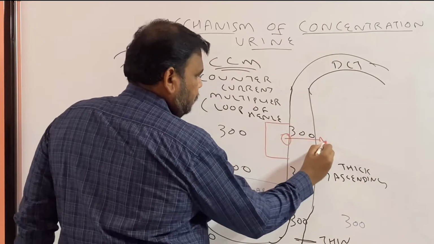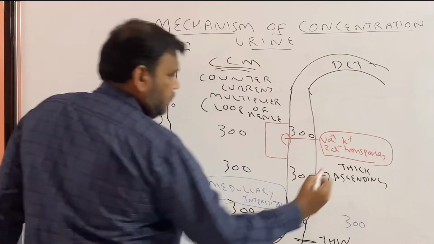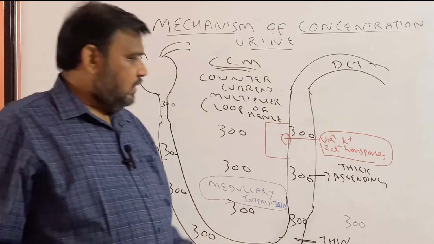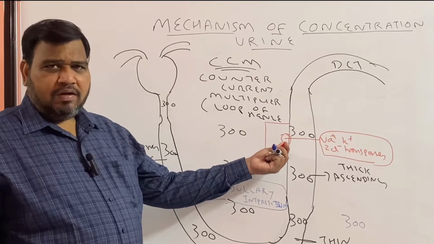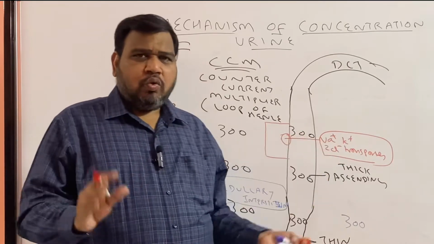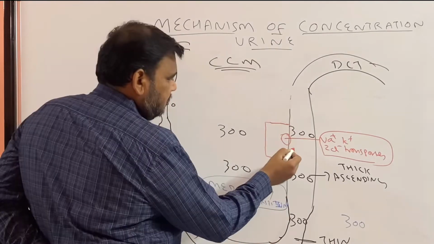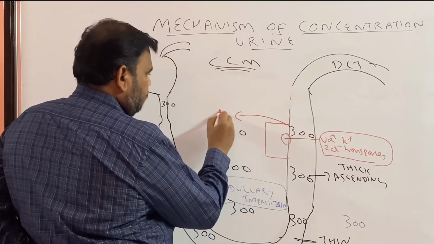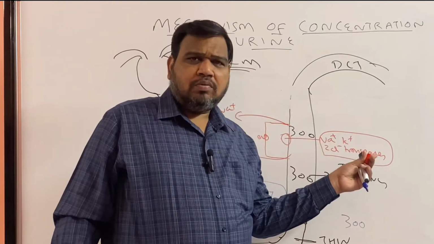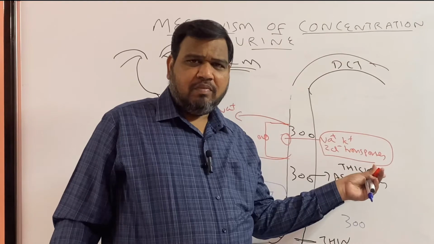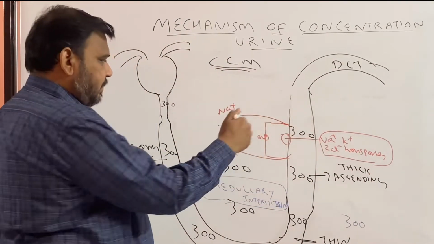So there is a sodium, potassium, 2-chloride transporter, which is an active transport. Because of the sodium potassium 2-chloride transporter present in the ascending limb of loop of Henle, sodium and chloride solutes are coming in.